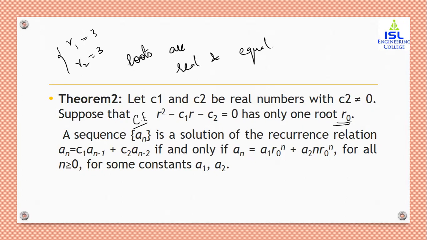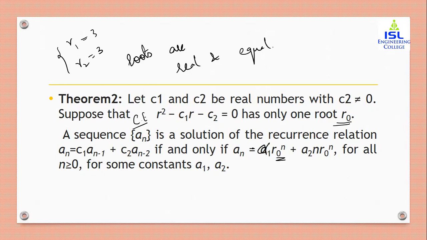So a sequence An is a solution of the recurrence relation An is equal to C1 An minus 1 plus C2 An minus 2 if and only if An is equal to alpha 1 into r naught power n. What is r naught? The equal root. So instead of using r1, r2, we are simply using the notation r naught.